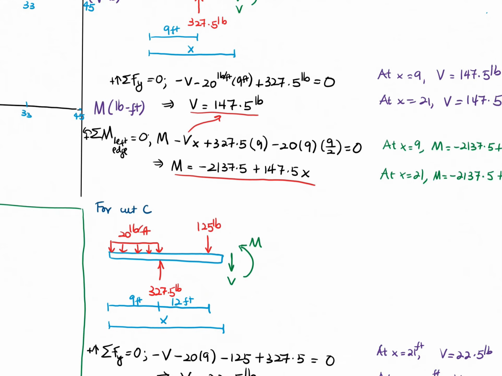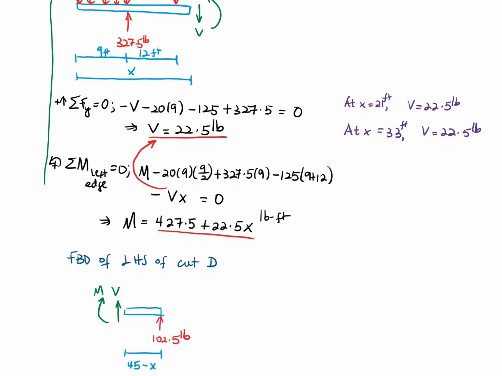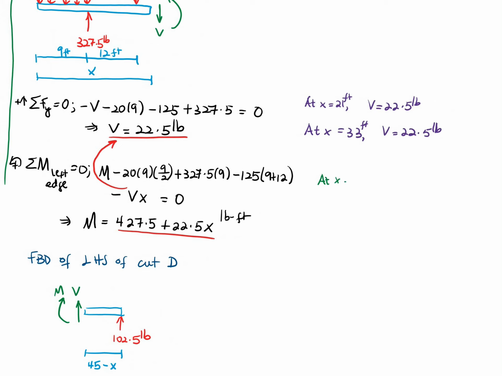Okay, perfect. And then let's worry about m. At x equals 21 feet, m is equal to 427.5 plus 22.5 times 21, and that gives me my m equals 960 pound-foot. Perfect.